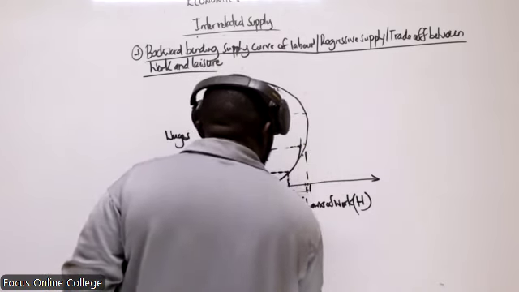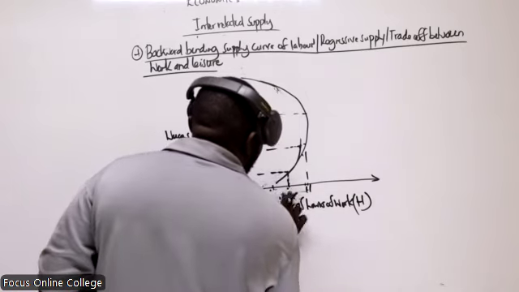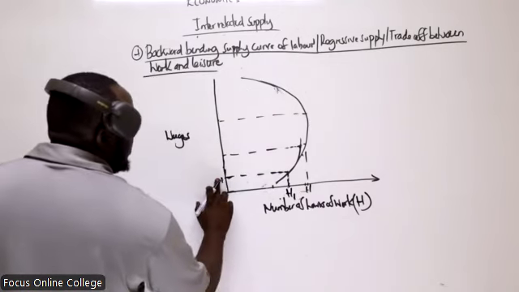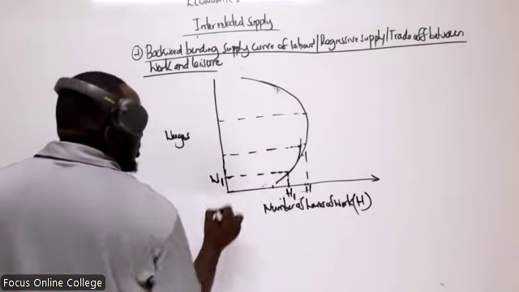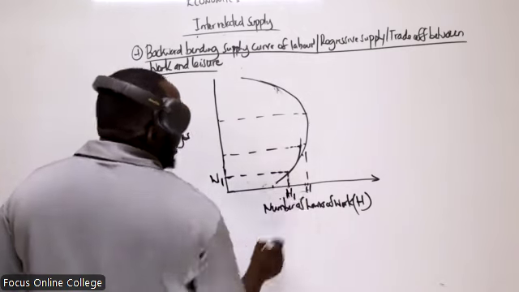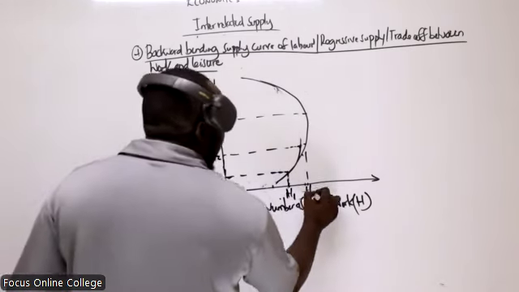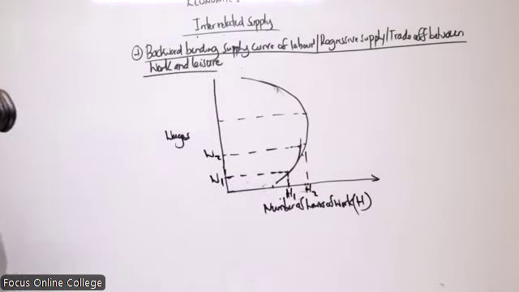So we can have it. This should be H1. At wage 1, W1, H1 hours are offered for work. When you increase the wage to wage 2, H2 hours are being offered for work.